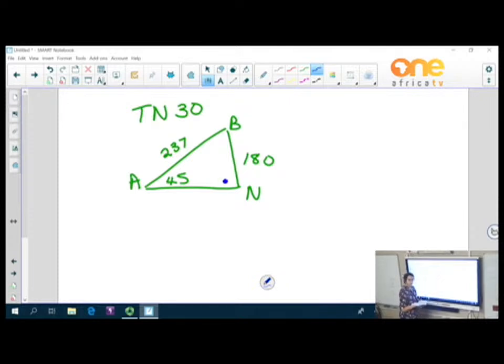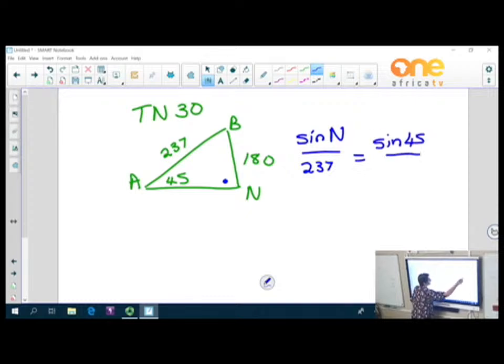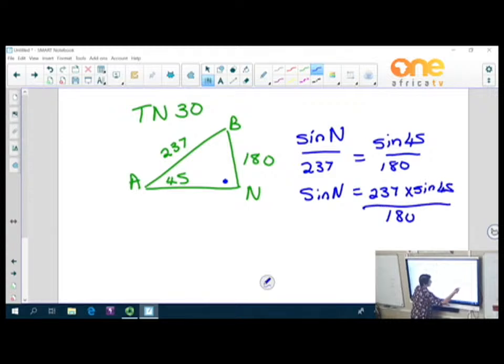Can I use the sine rule? Yes, because you have opposite sides and opposite angles. So sine N over 237 is equal to sine 45 over 180. So to find that angle, it is sine N is then 237 times sine 45 divide by 180.